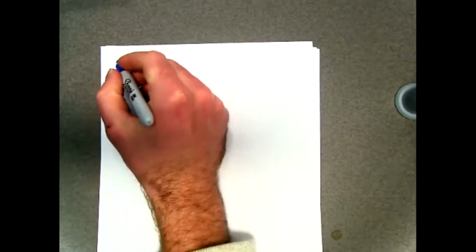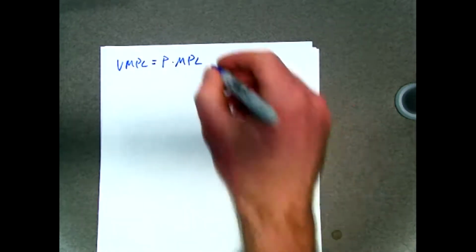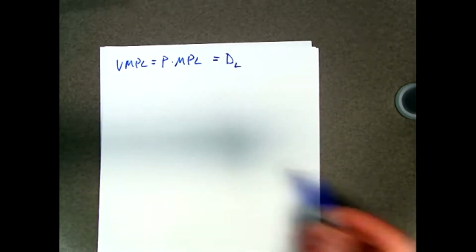Right? So how are those 2 things tied together? Well, the price of the good determined the value of the marginal productivity of labor, which we said is really just going to represent the demand curve for labor. Because firms would be willing to pay up to whatever value that worker is going to add to the company.